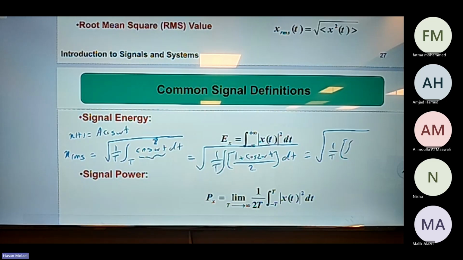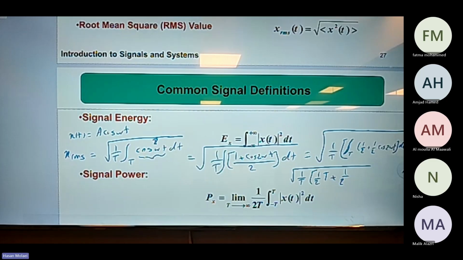Let me write it. I have the integral of the constant, t multiplied by t, it should be 1 over 2t plus 1 over 2, which can come out, the integral of cosine 2 omega t.